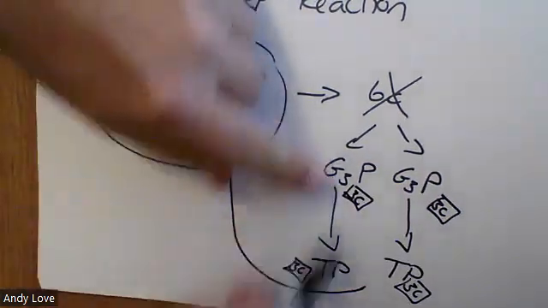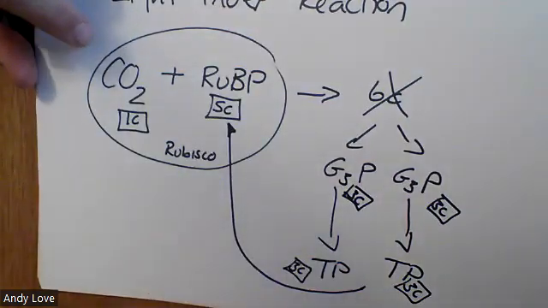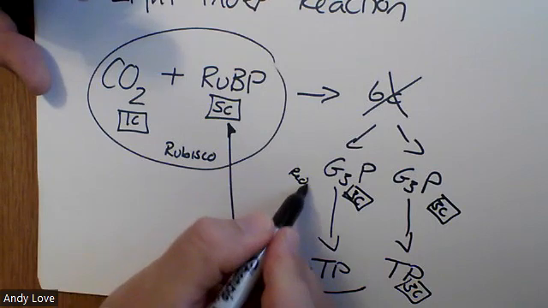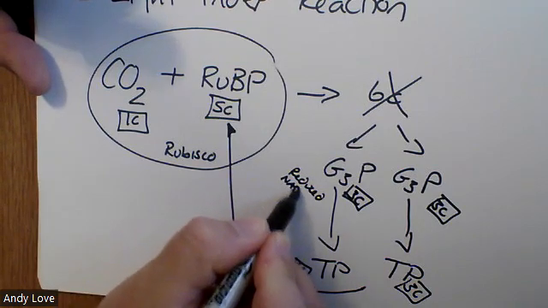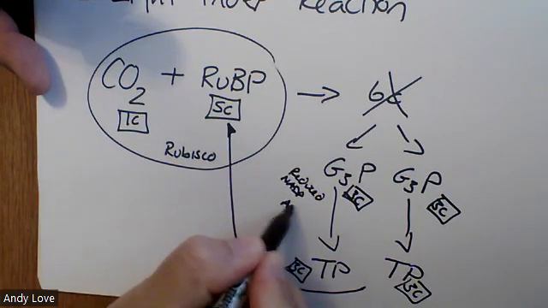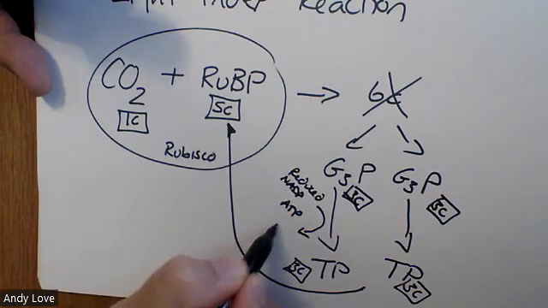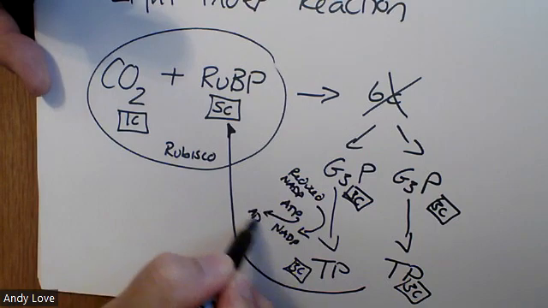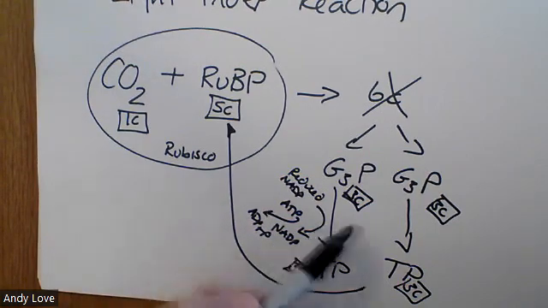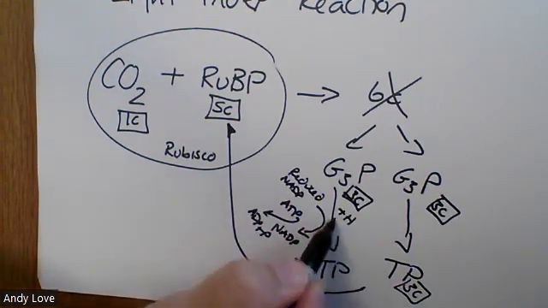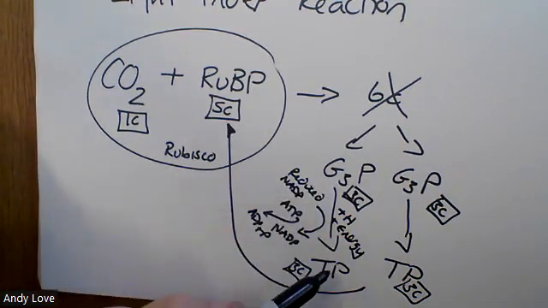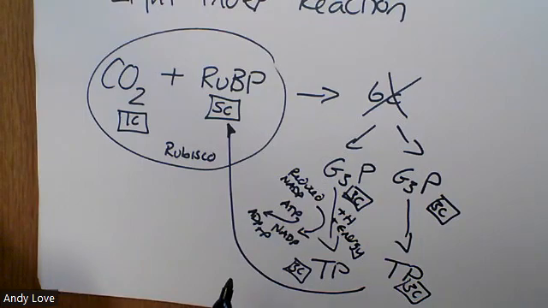And how do you reduce the G3P to TP? Well, you use the products of the light-dependent reaction. So that's reduced NADP and ATP, which are regenerated to NADP and ADP plus P. And that allows the hydrogen and the energy to be transferred to G3P to turn it into TP.